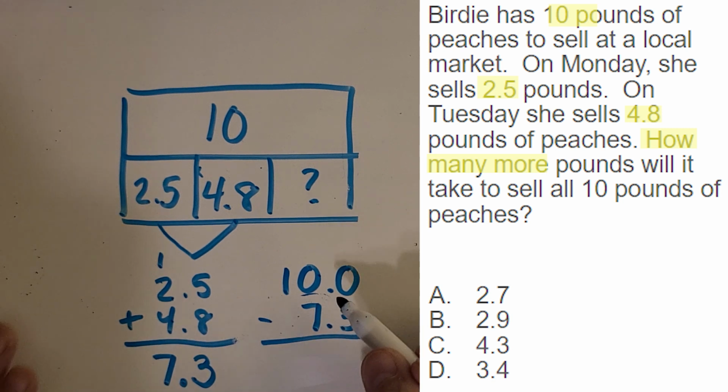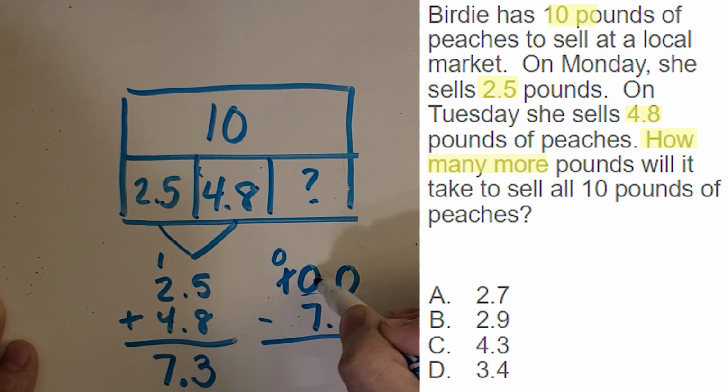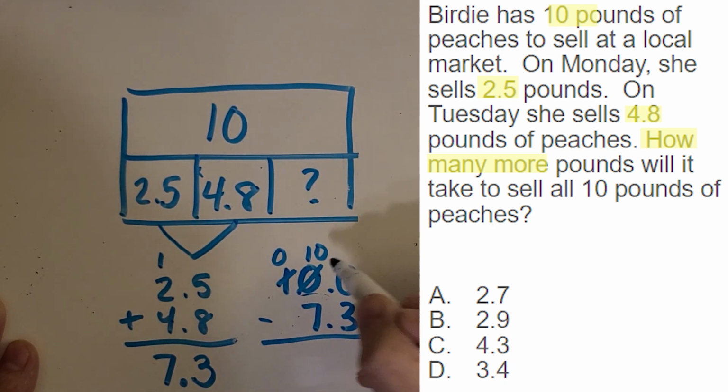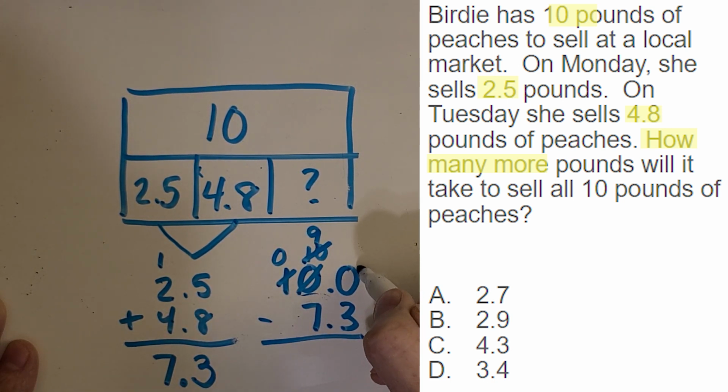Good job. Okay, now I can start doing some regrouping because I see 0 minus 3. Oh, and I can't regroup this one. So I better come over here and take a 10 and turn it into 10 ones. Then you got it. I can take a 1 and break it up into 10 tenths. Okay, what is 10 minus 3?